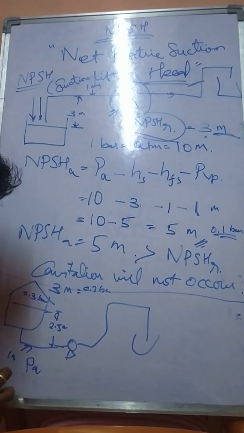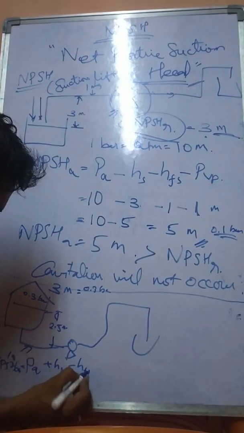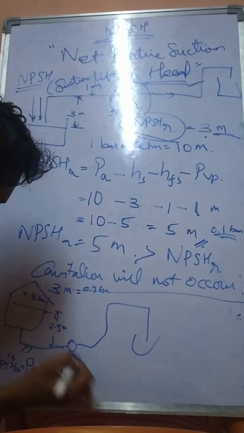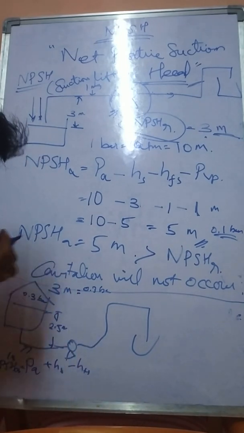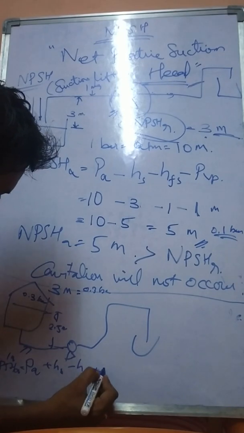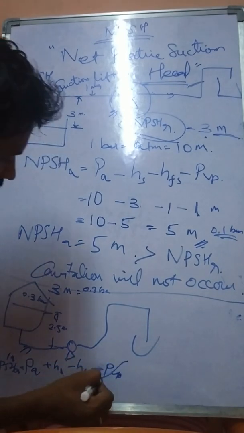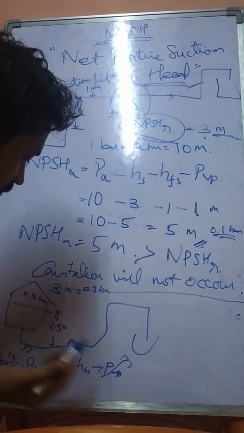So you calculate this one. NPSH A is equal to PA plus HS minus HFS. The vapor pressure, it is a closed tank, we don't need to worry much about that because this pressure we have already calculated, plus minus PVP. So it won't come, no need to calculate this one.